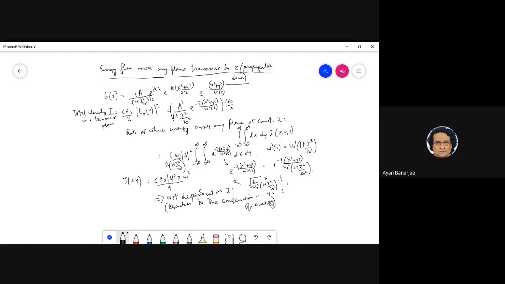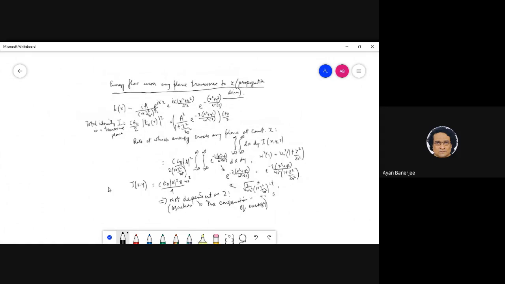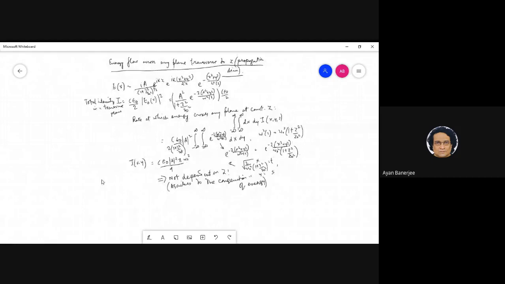But before we go into the ABCD law, I think one thing we have to finish here, concentrate, just understand. We have to spend some time on this radius of curvature thing.